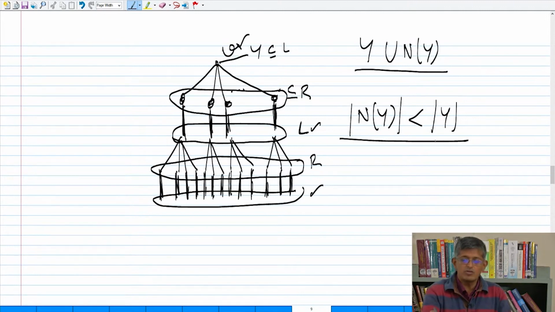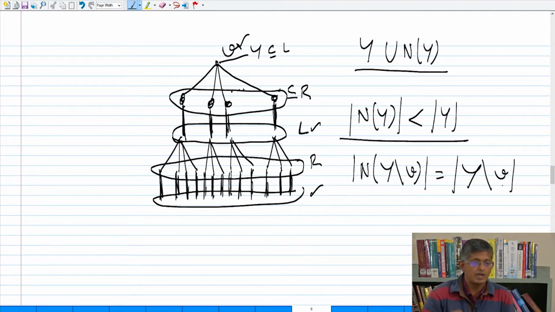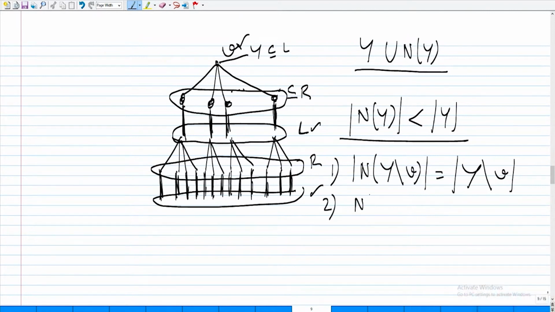So which means the cardinality of neighborhood of Y is less than the cardinality of Y, right? Why is this? The cardinality of neighborhood of Y minus V is exactly equal to the cardinality of Y minus V, right? This is the first observation. The second observation is that neighborhood of V, right, is a subset of neighborhood of Y minus V, right?